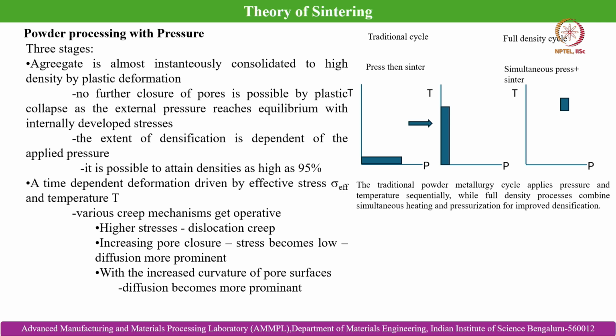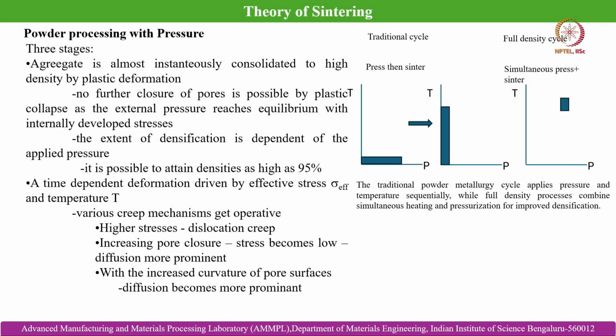So, the extent of densification is dependent on the applied pressure. It is possible to attain densities as high as 95%. There is a time dependent deformation driven by effective stress, sigma effective, and temperature. So, various creep mechanisms become operative.